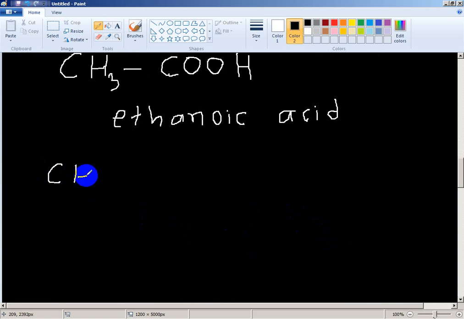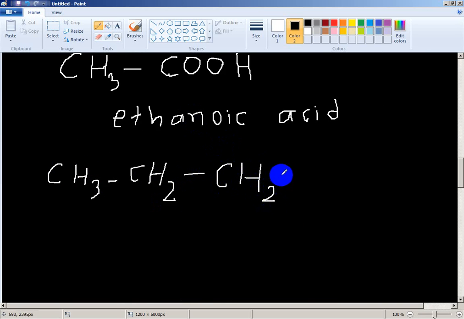Okay, look at this compound. CH3. Count the total carbon. How many carbon here in total? 4 carbon. So what will be the name of this compound?